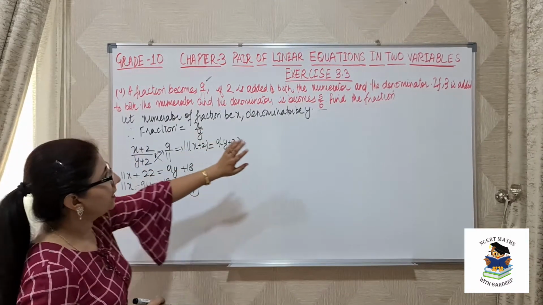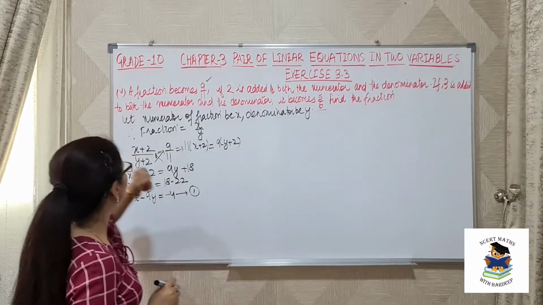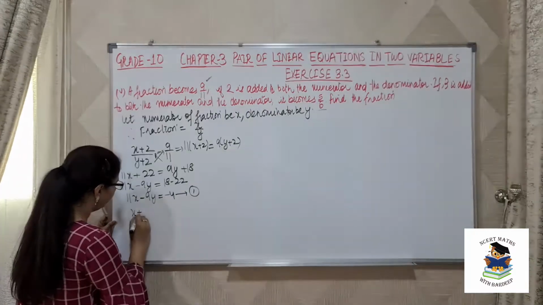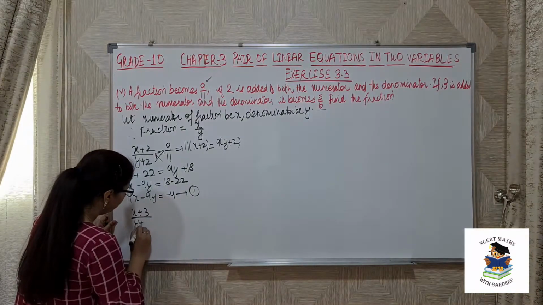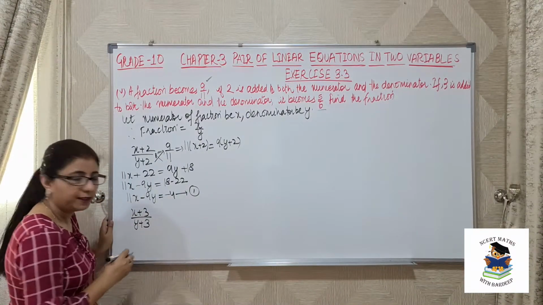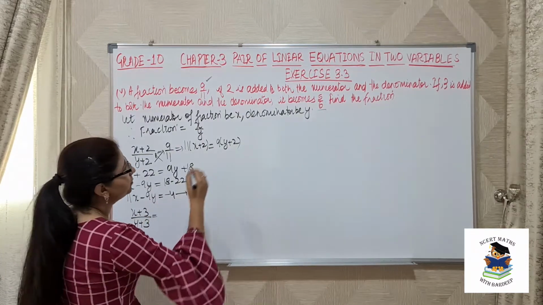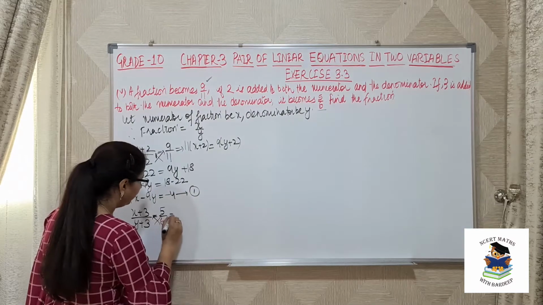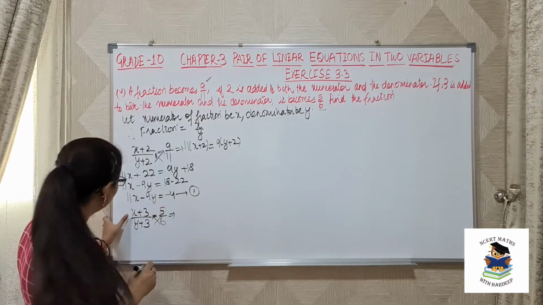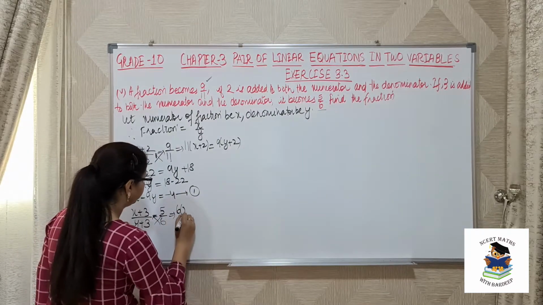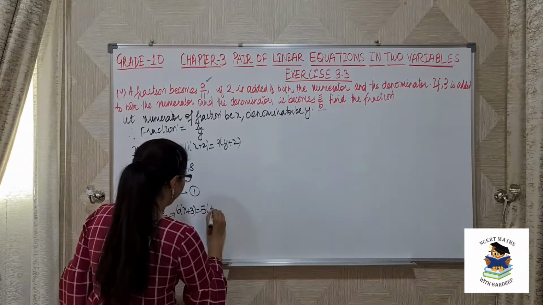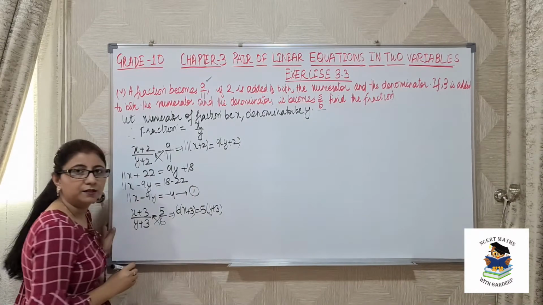Okay. Let's see the second thing. If 3 is added to both numerator and denominator, so now our new fraction will be x plus 3 over y plus 3. Right. Then our fraction is 5 by 6. So again cross multiply them and find your second equation. So this is 6 times x plus 3 is equal to 5 times y plus 3.